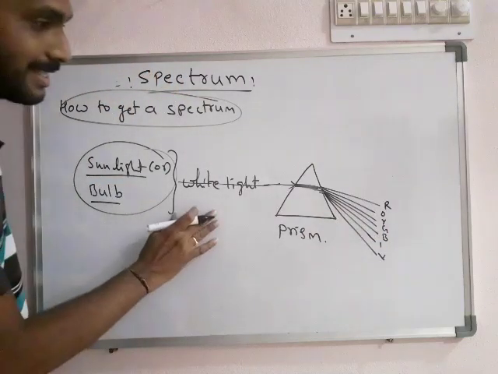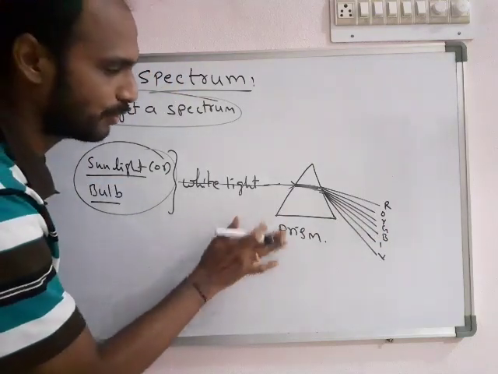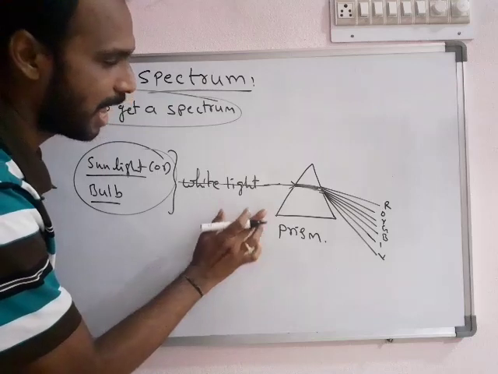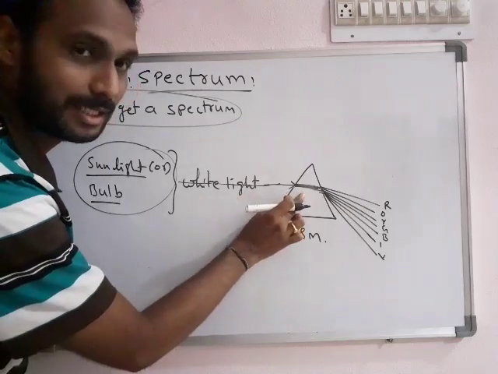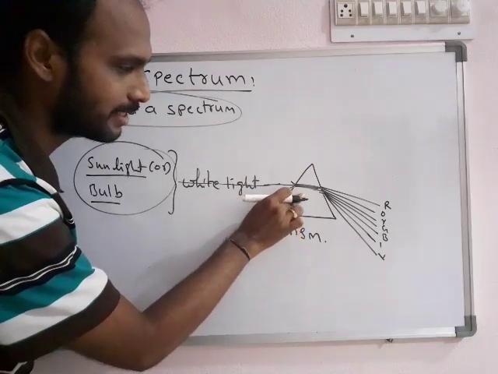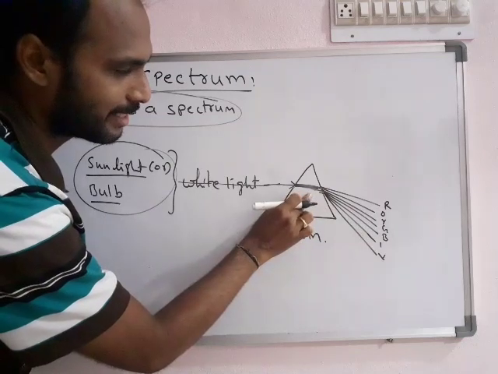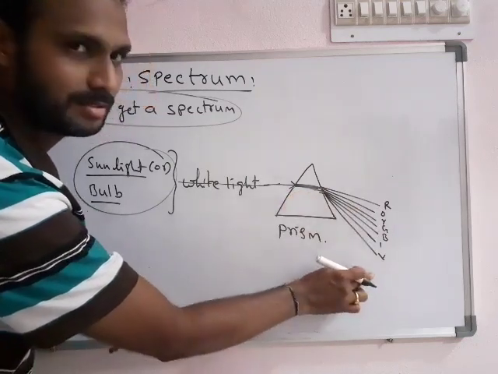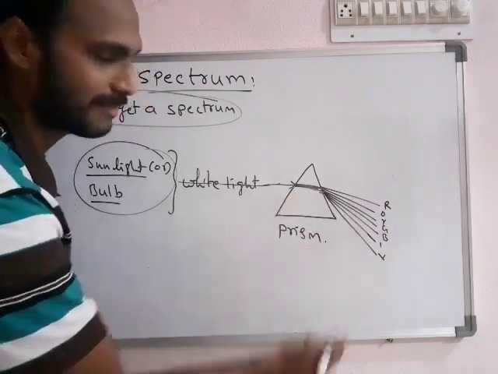Visual. When white light passed through one of the surfaces of the prism, the light is dispersed, nothing but analyzed here. The light is dispersed into 7 parts. The white light is always dispersed into 7 parts.